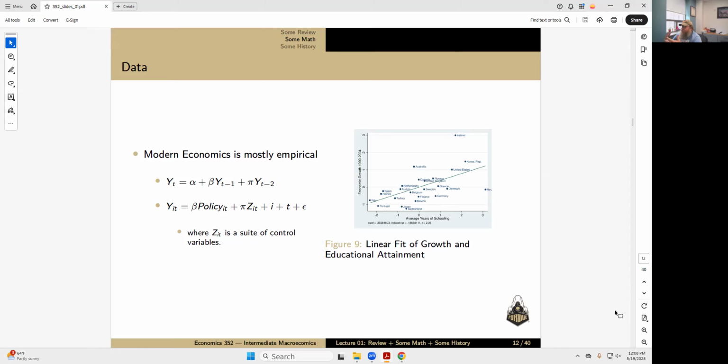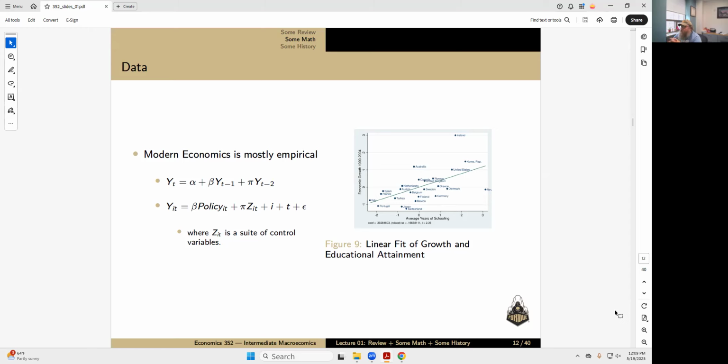And so that's why in this class, we're going to do a lot of theory, but we're going to make sure throughout that we're always coming back and looking at the data and what it has to say about our theory. And I will expose you, throughout the semester, to some of those empirical techniques that you wouldn't necessarily get in a typical intermediate macro class.